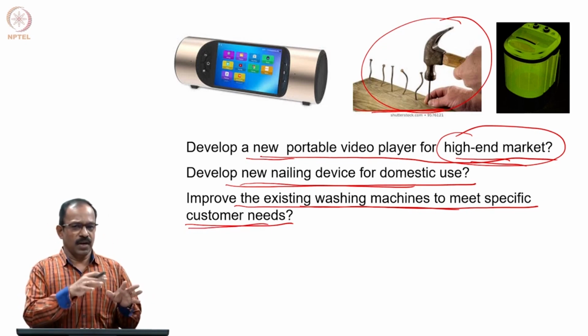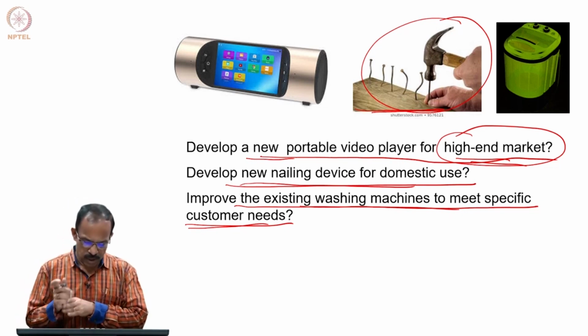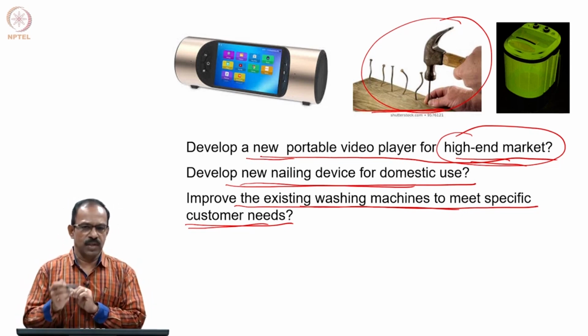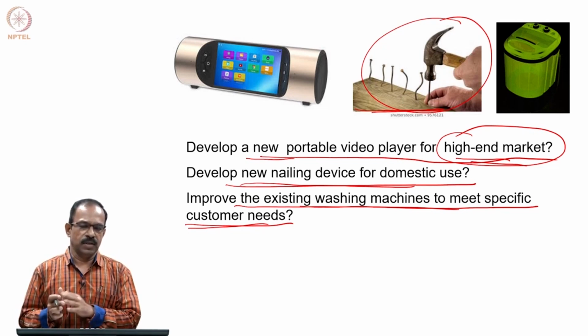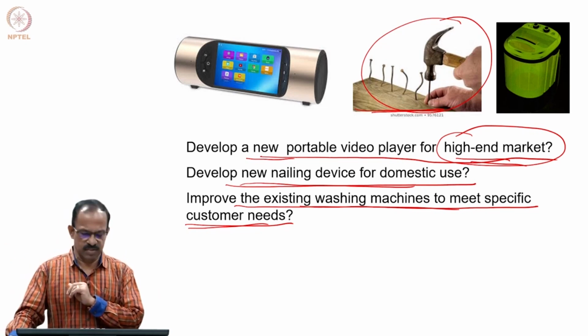And after all those analyses, you come to the stage where you need to develop a new concept to meet these customer needs. So, then you start developing concepts for that particular module. That is the way we proceed in the design process.